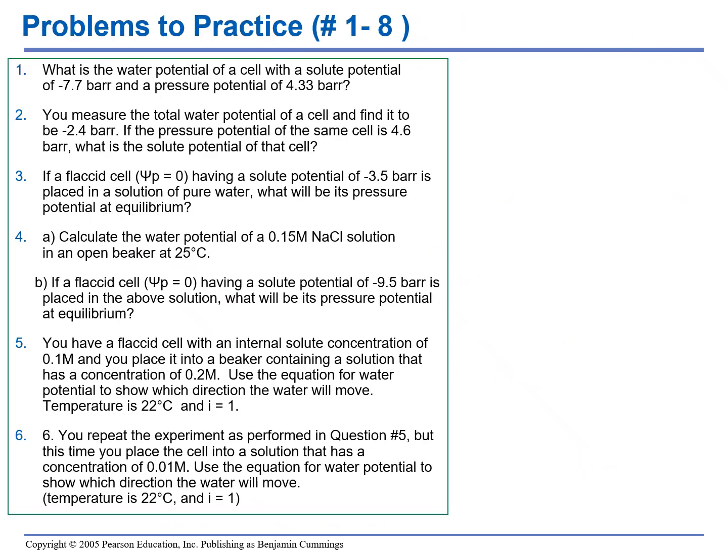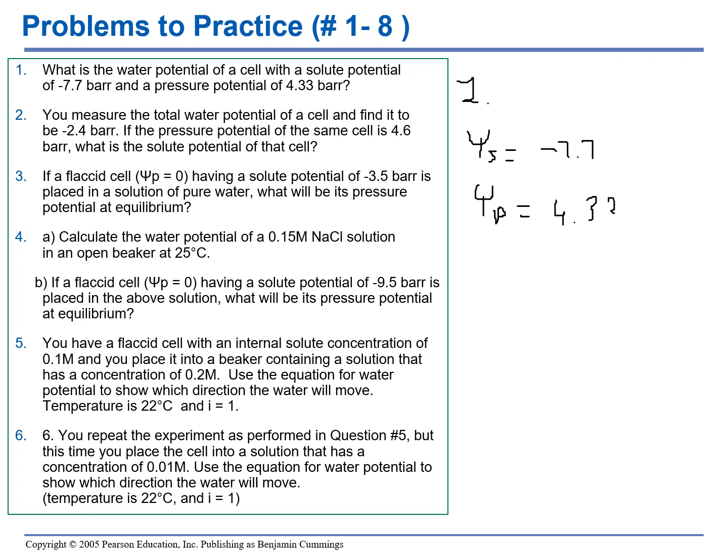Now I will do an example problem. We'll do number 1 and number 2, since they're both calculating and finding different things. So for problem number 1, we have the solute potential, psi s, which is equal to negative 7.7 bars, whereas the pressure potential is equal to 4.33 bars.